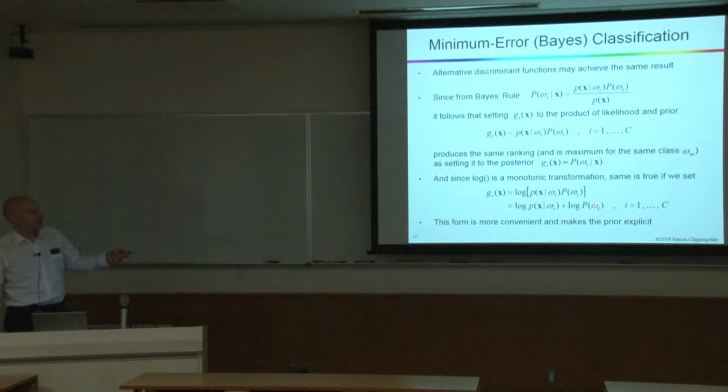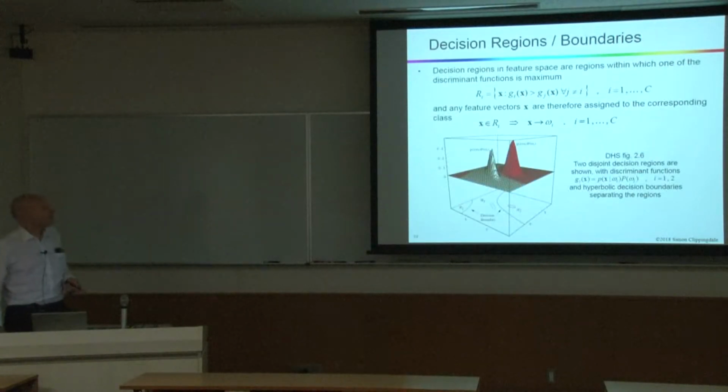That's to say how likely your data is to have come from each of those classes before you even know what the data is, so if some classes are just more likely than others in the data. And this thing here is called the log likelihood. This probability here, probability of x given omega I, is called the likelihood of x, given that it's from that class. So that tends to be the function that's used.